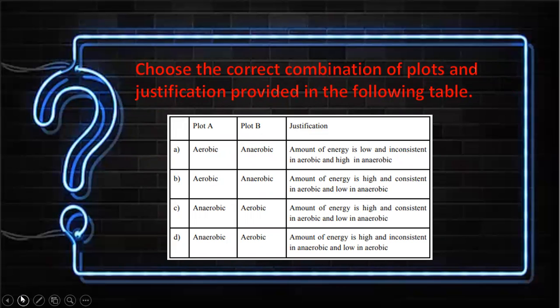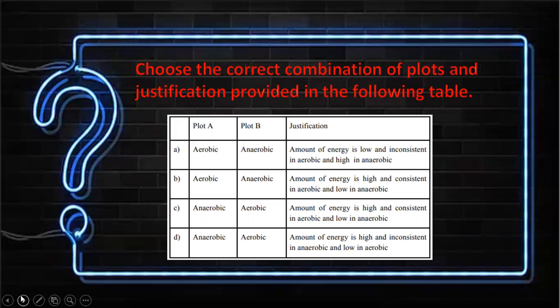Option A: Plot A shows aerobic respiration and plot B anaerobic respiration. Amount of energy is low and inconsistent in aerobic and high in anaerobic. No, never. Amount of energy is high and consistent in case of aerobic and low in case of anaerobic, right? As per the graph, it's given like that.